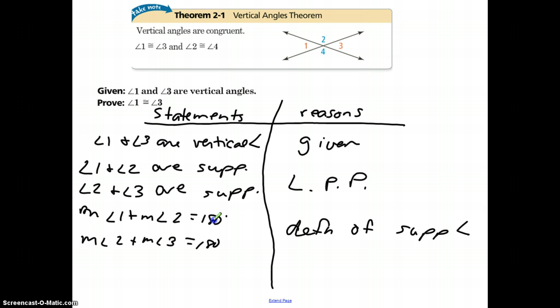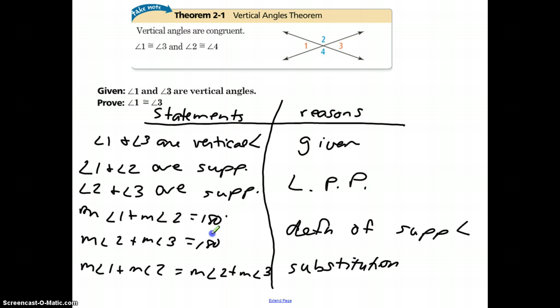So next up, I got to take these two things and figure out what to do with them. If this equals 180 and this equals 180, then does it make sense that these two guys would equal each other? Yeah? Alright, so measure of angle 1 plus the measure of angle 2 would equal the measure of angle 2 plus the measure of angle 3. Does that make sense? If they both equal 180, then they equal each other. And I know that using substitution. Now, substitution means, just like think of sports, when you substitute things out that equal each other.